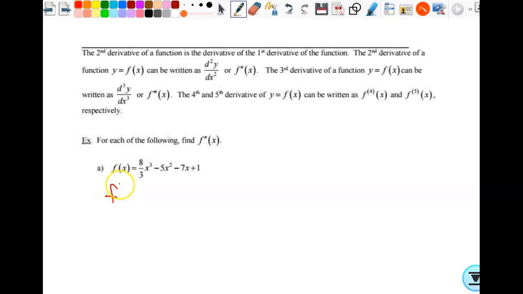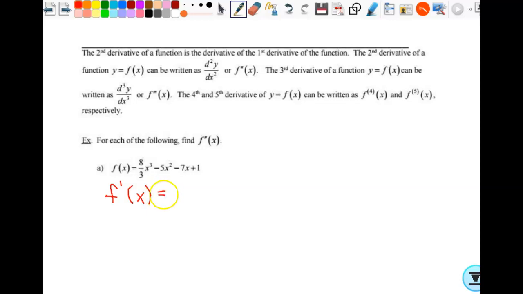And later on in this semester, we'll learn how to use derivatives to describe behavior of graphs. So the first derivative tells us something about the function. The second derivative tells us something else about the function. And then in Cal 2, you'll go even further. A lot of times in this course, first and second derivative is typically as far as we go.